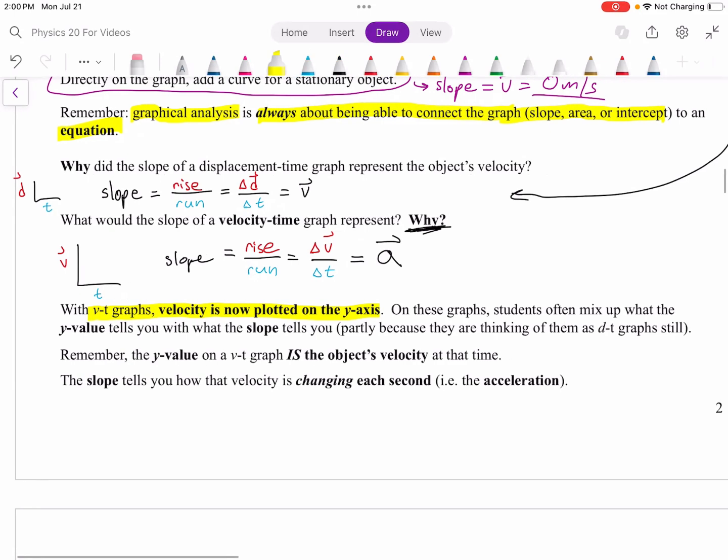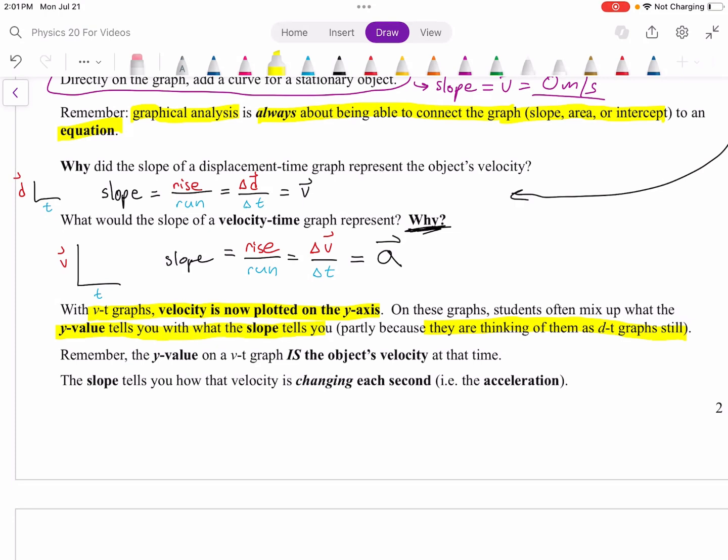Because the number one mistake students make here is they mix up what the y value tells them with what the slope tells them. And that is honestly because they are still thinking of them as DT graphs. So you always got to ask yourself, both of these graphs are useful, but different characteristics of them tell you about different things because the graph is showing you different things, right?